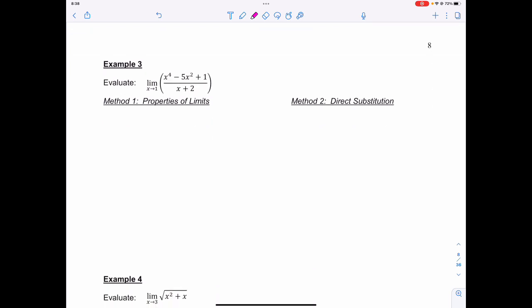So let's apply this using example 3. First, we're going to use method 1, the property of limits. So if I said the limit as x approaches 1 of x to the 4 minus 5x squared plus 1 divided by x plus 2.